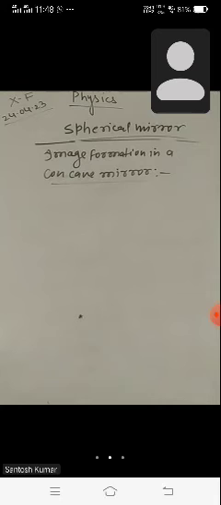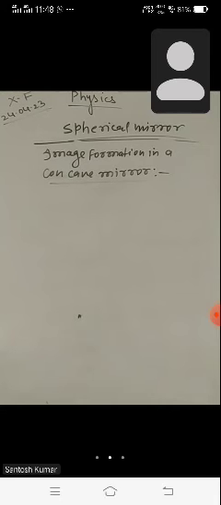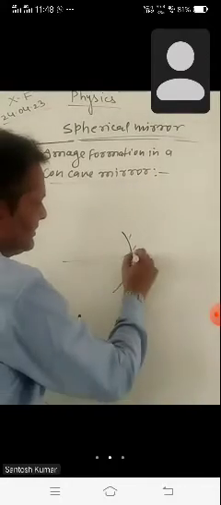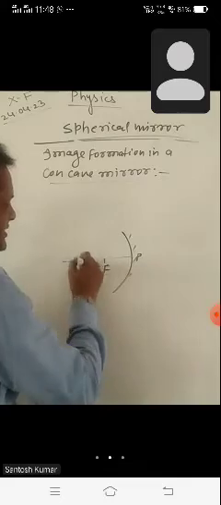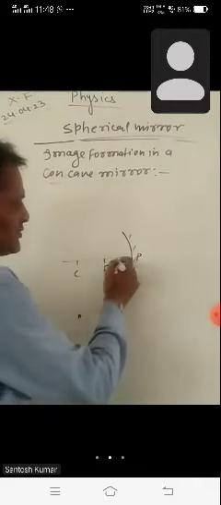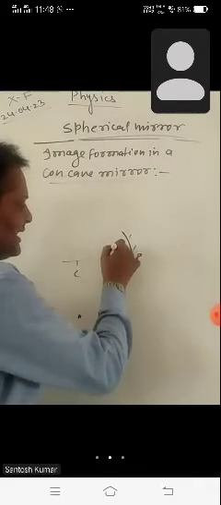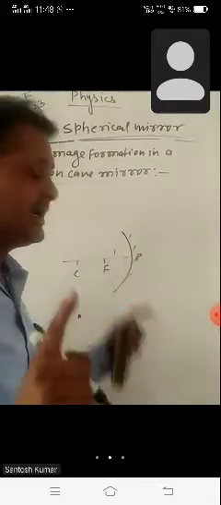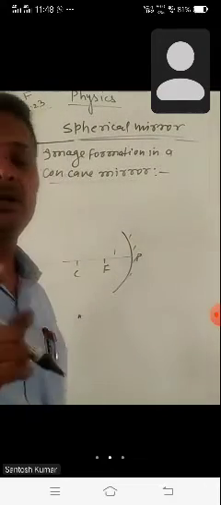How many positions can be considered? Just see. This is concave. This is P. This is F. This is C. So, in theoretical view, we can put the object anywhere in between P and F, regarded as one position. Where is the object? In between P and F, one position.